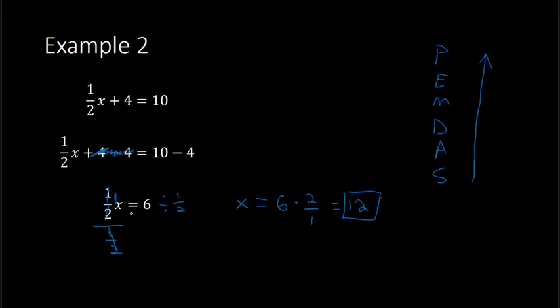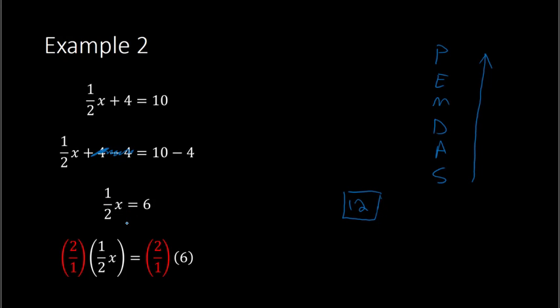The other way is we can skip over the step of dividing by 1 over 2, by simply multiplying by the reciprocal, because we know division is the same thing as multiplying by the reciprocal. So instead of multiplying or dividing by 1 over 2, I'd be multiplying by 2 over 1 on both sides.